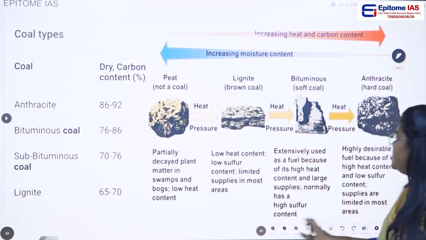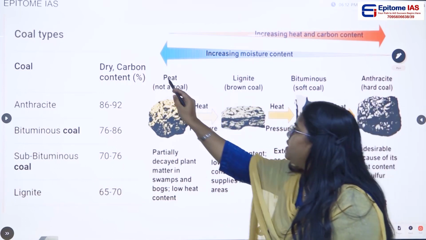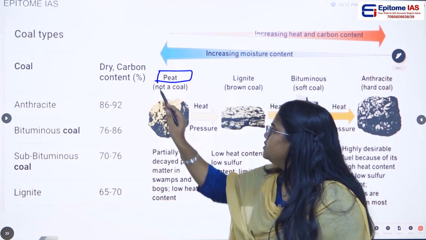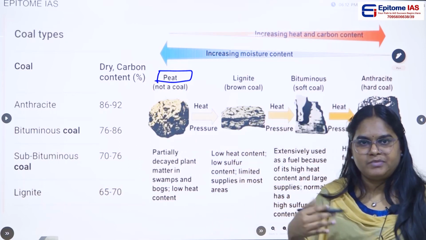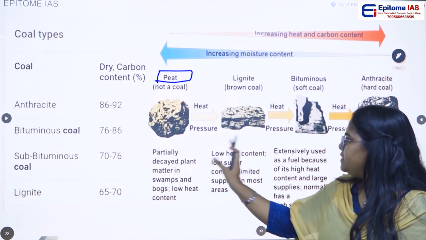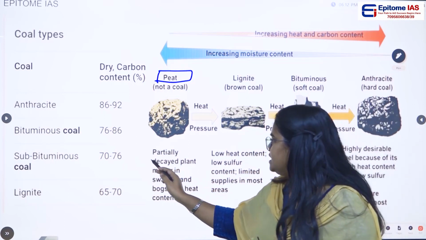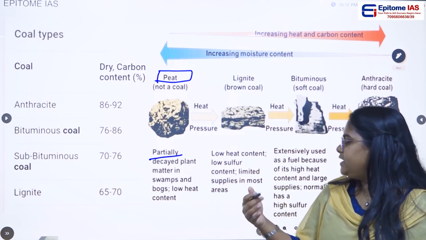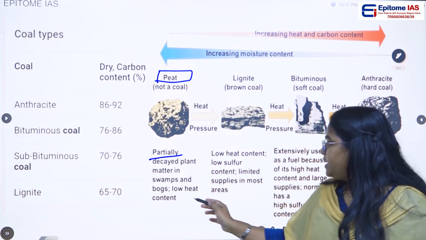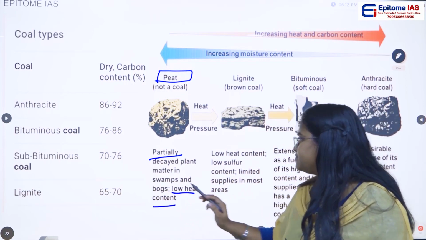So first see this picture here. First they are talking about peat. Peat is the first stage of becoming a coal. It is a partially decayed plant matter and it has low heat content.